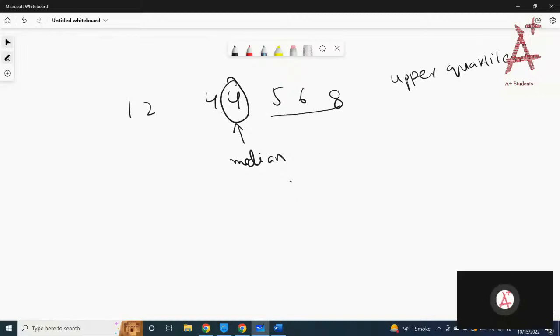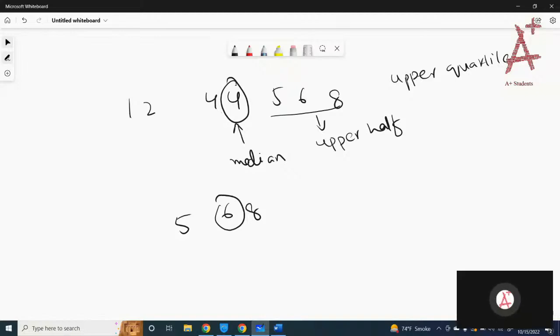So this is the upper half, and in the upper half, the upper quartile, that is the middle number, is 6. Got it?